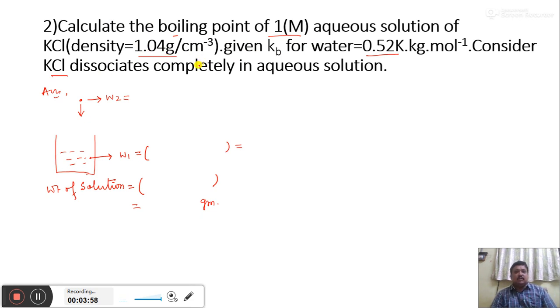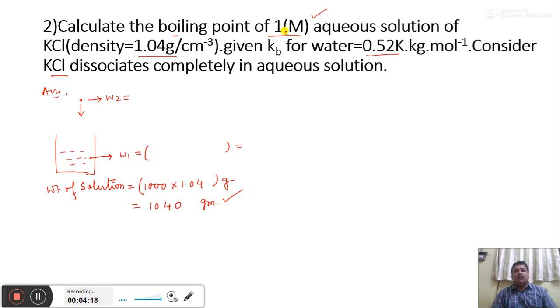The solution is 1 molar, so the weight of solution is 1000 into 1.04 gram. That means 1040 gram is the weight of the solution.